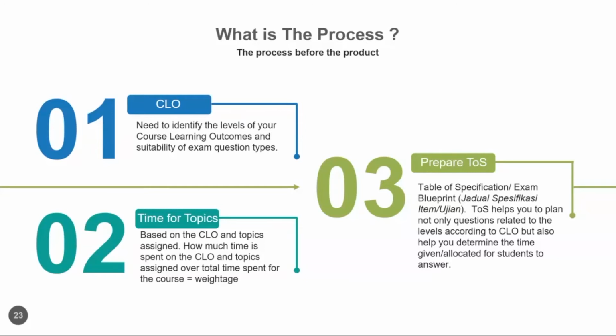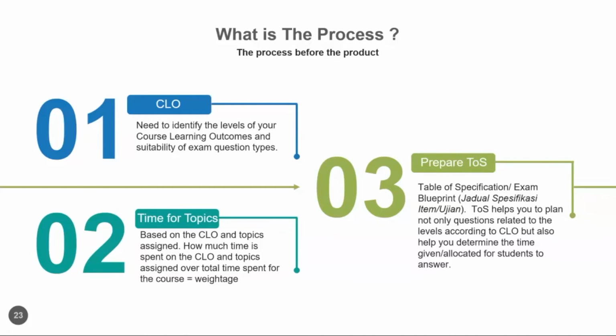When you have your syllabus, you will have allocated time based on the CLO as well as the topics, right? So you need to find out how much time you have allocated for that CLO and those topics in order to determine the weightage and the number of questions you should have for the respective CLO and topics.